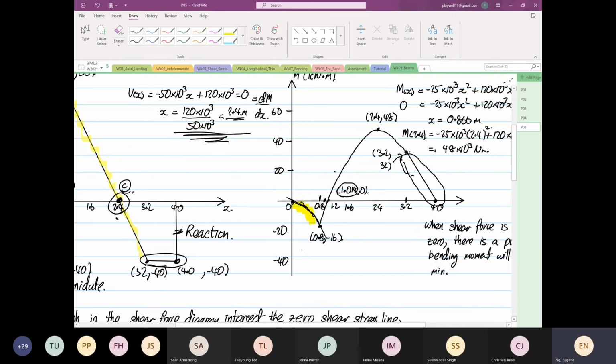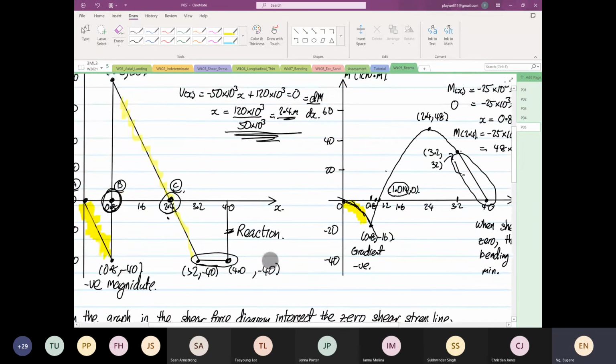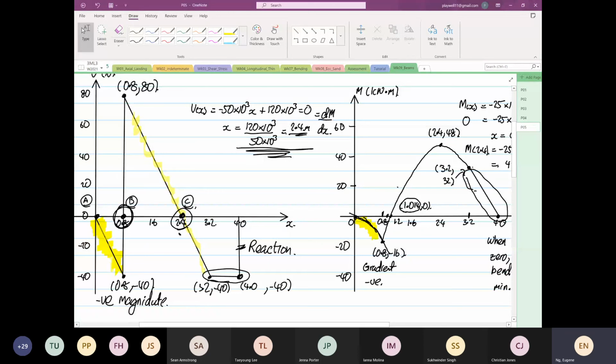So the gradient is negative. Now let's look at where it becomes positive. Down here at B it has no gradient, but later on the gradient from here to here is positive.